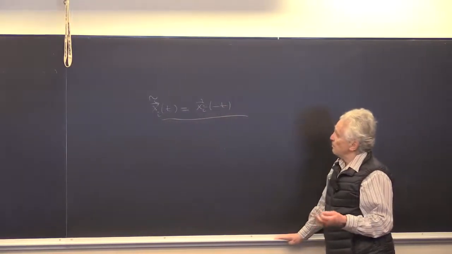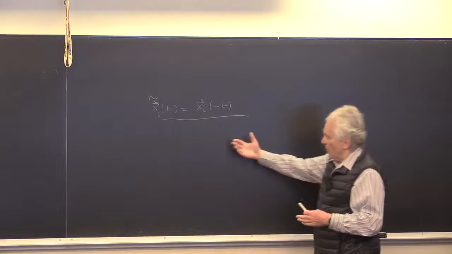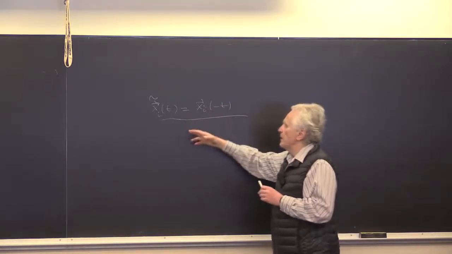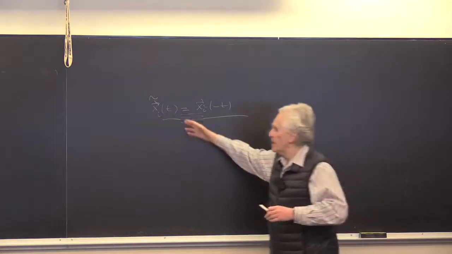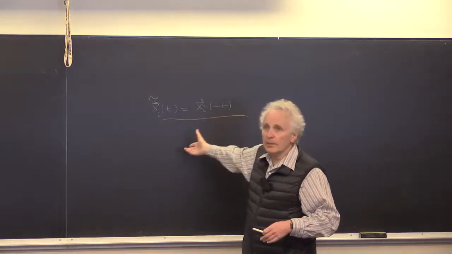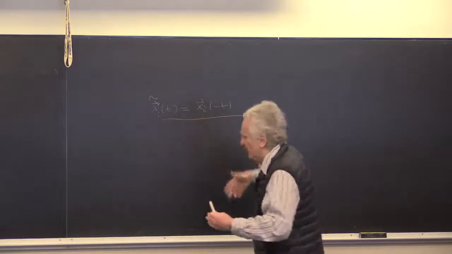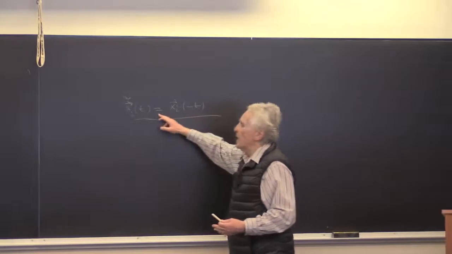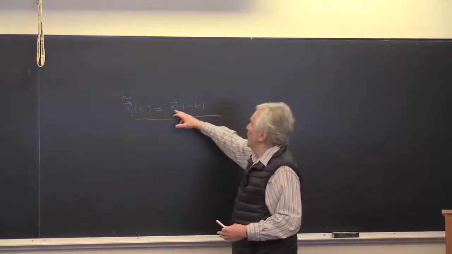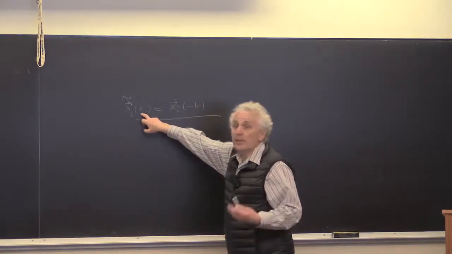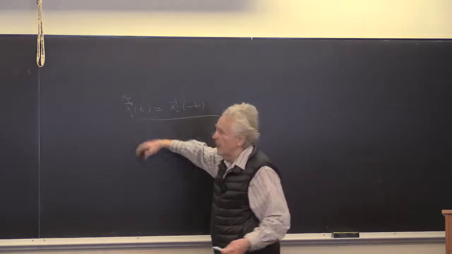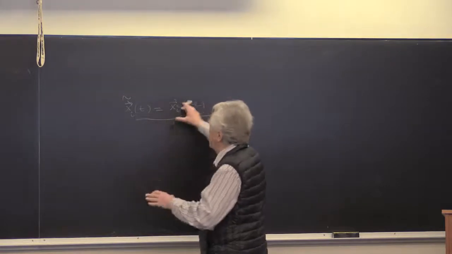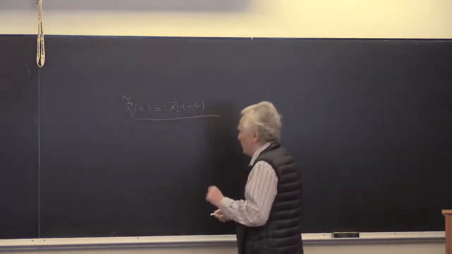Or you can do any other transformation. What is important is to realize that symmetry doesn't mean that the solution goes into itself. Generally speaking, that's not the case, though it can. There are some trajectories for which x of t is an even function. But generally speaking, that's too strong to require. The symmetry just means that you generate a new solution from the old one.